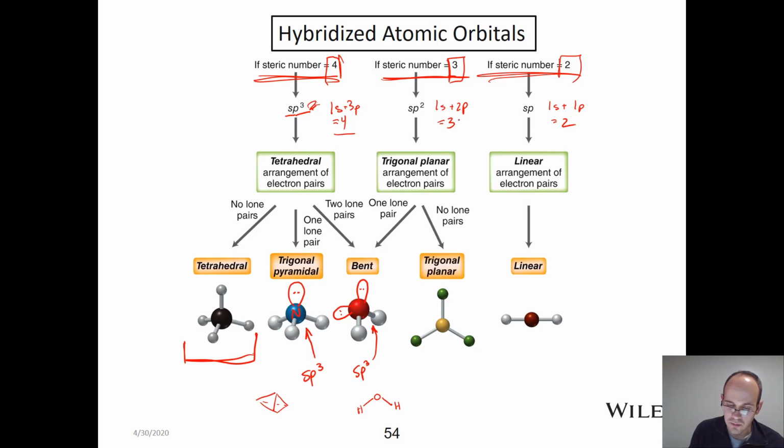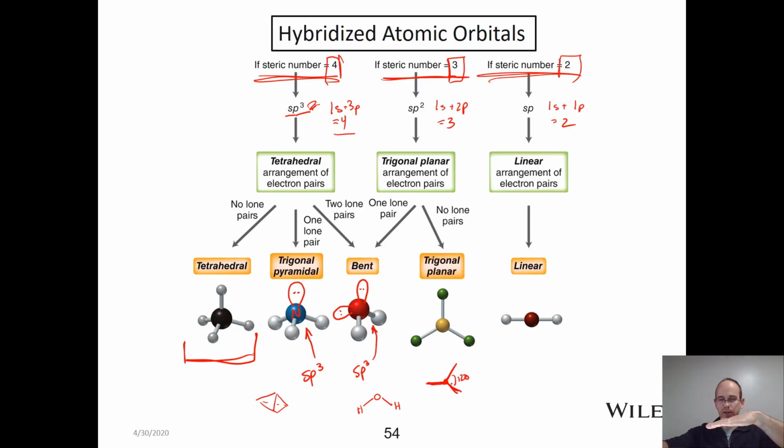If you have sp2 hybridization, you're usually going to have a trigonal planar arrangement of electron pairs, right? And that's where now you have your central atom, and you have 3 electron pairs 120 degrees from each other. Trigonal planar, it's flat.